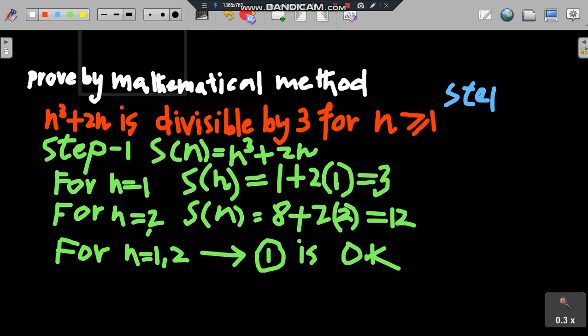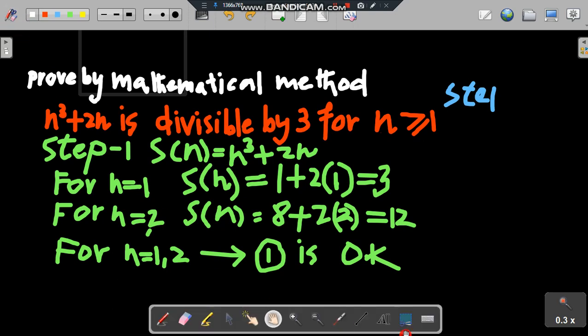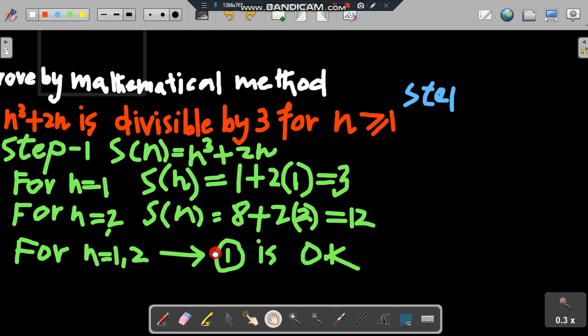What is equation number 1? S of n equals n cube plus 2n is true for n equal to 1 and n equal to 2. Now my aim is to prove that for k plus 1 this is also true.